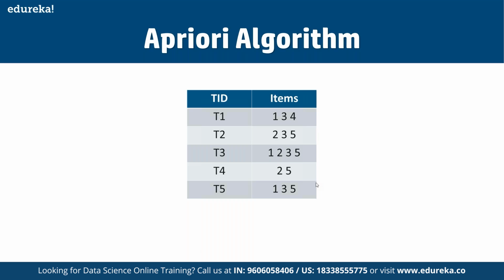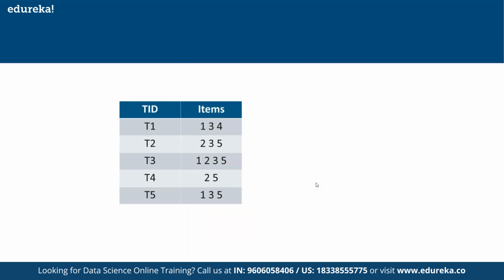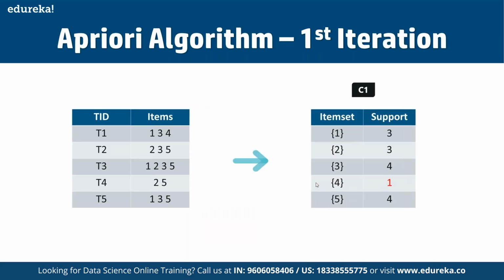If we talk about the first iteration, let's assume the support value is 2. We can create the item sets of size 1 and calculate their support values, as you can see here. The item 4 has a support value of 1, which is less than the minimum support value.